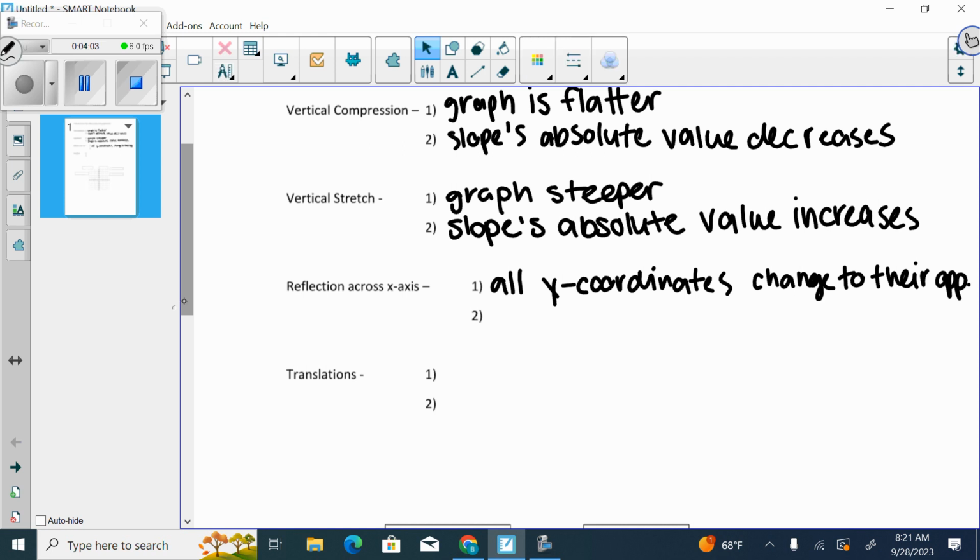So if it was a point that had a y value of -6, whenever it's reflected, it's now going to have a y value at +6. But all in all, as we know, what this really means is that there was a negative in front of our slope, right? So it's what happens in front of slope. So your slope becomes opposite. Not opposite reciprocal, but just opposite, right?